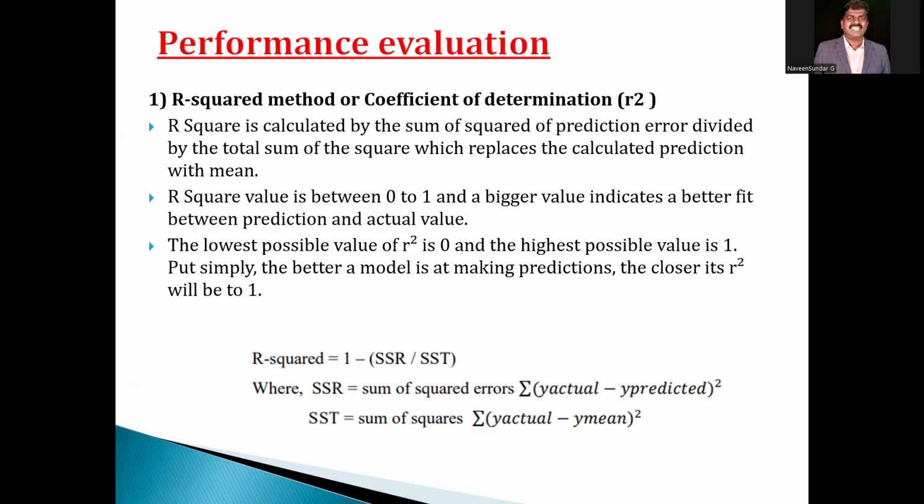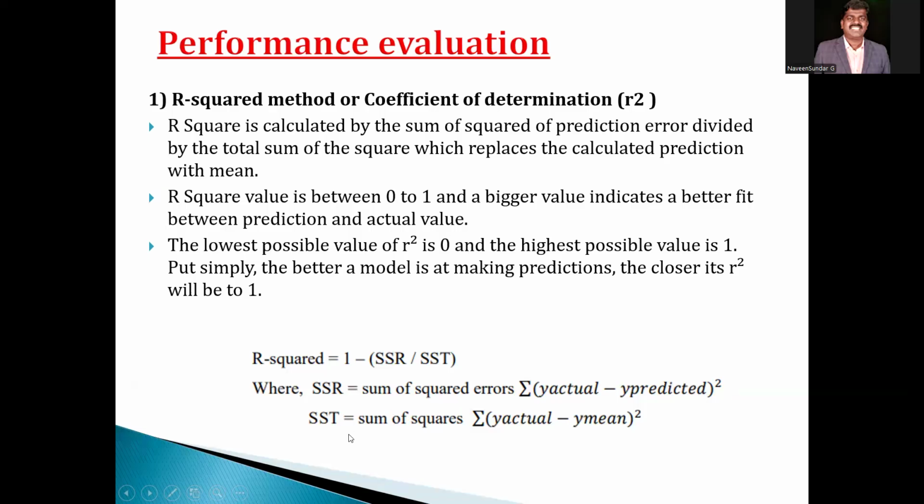First, how to calculate the R squared method: it is 1 minus SSR by SST. How are we calculating this? SSR is the sum of squared errors, where I take the actual data point and the predicted data, that is the best fit line, and take the whole square. When I sum it, I get the SSR.